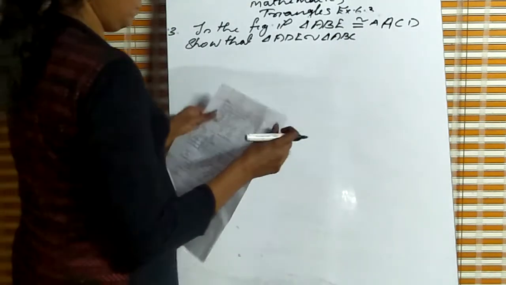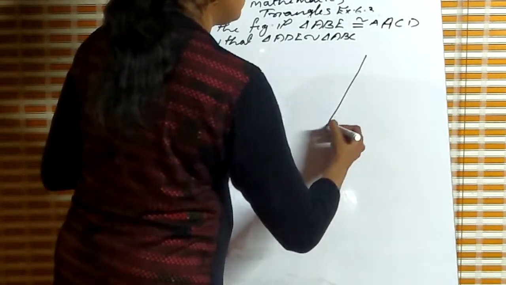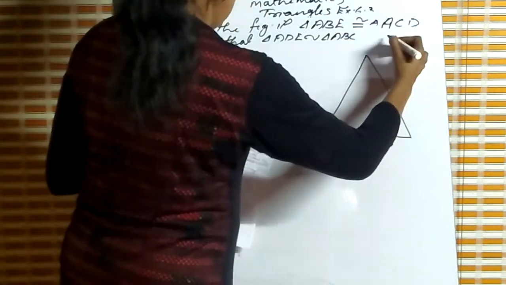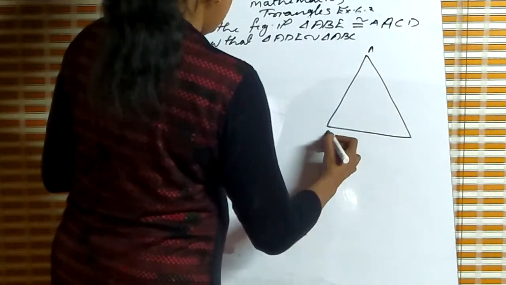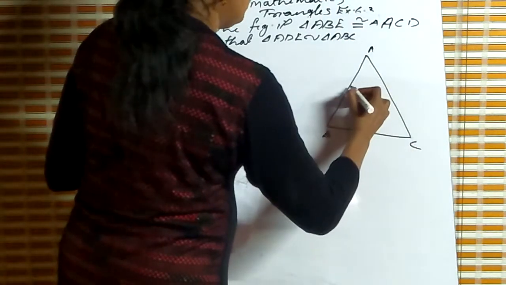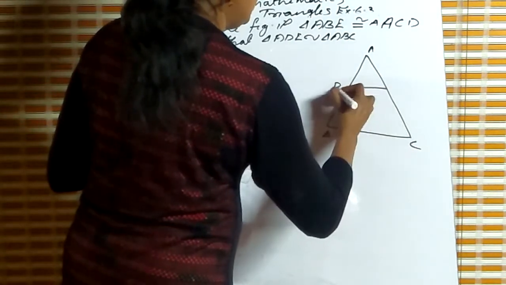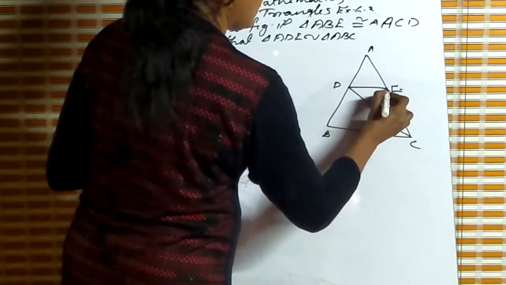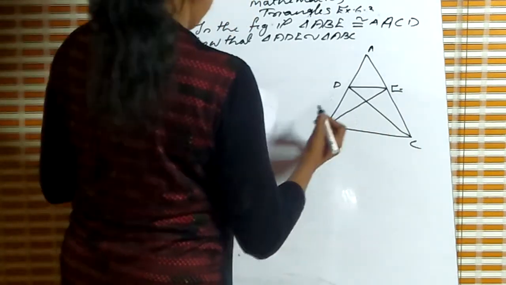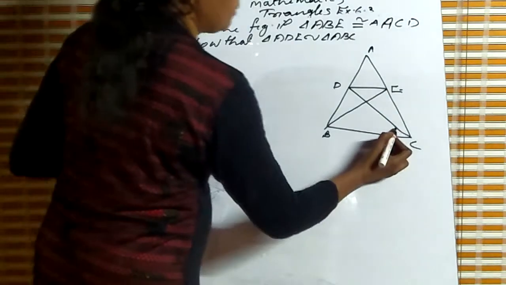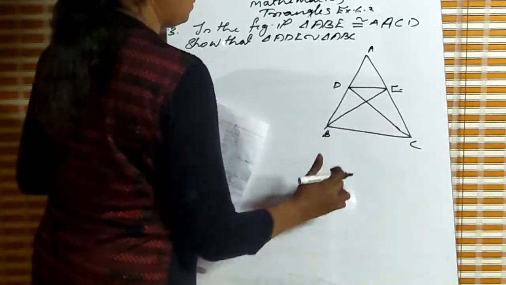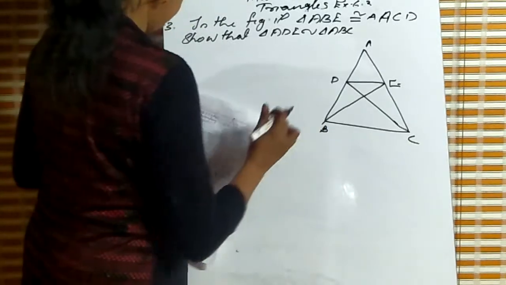The figure is given: triangle ABC and DE. This is the given figure. We have to prove that ADE is similar to ABC.